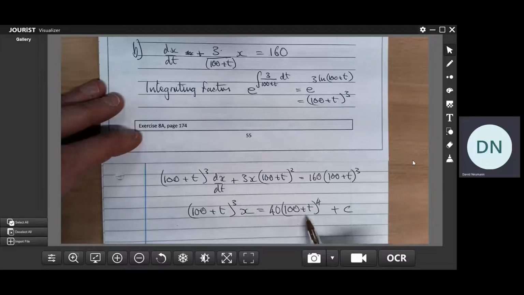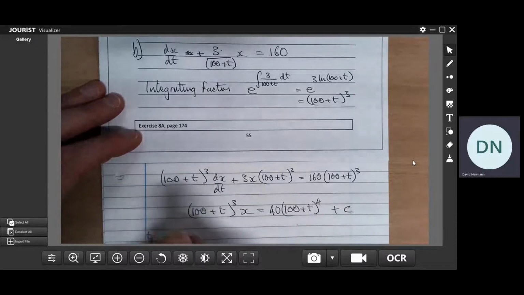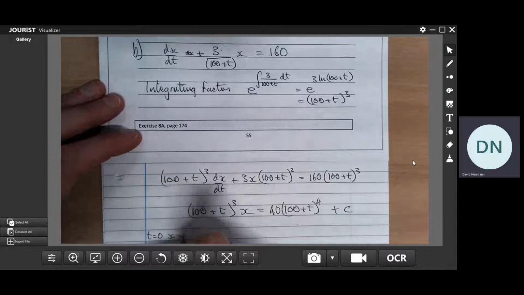Now we need some initial conditions to find the plus c. In our question, it told us that the storage tank initially contains 100 litres of pure water. So that means there's no copper sulfate in there. So at t equals 0, x equals 0.